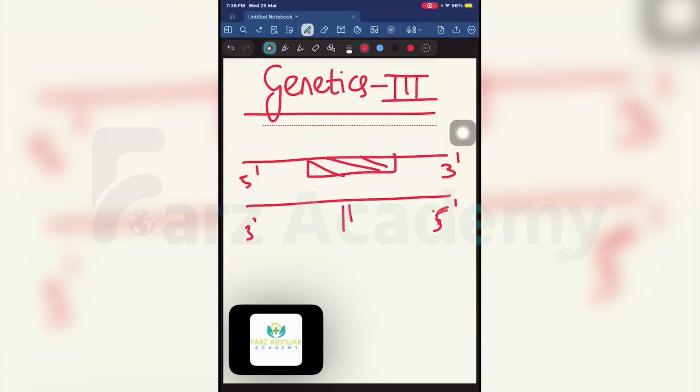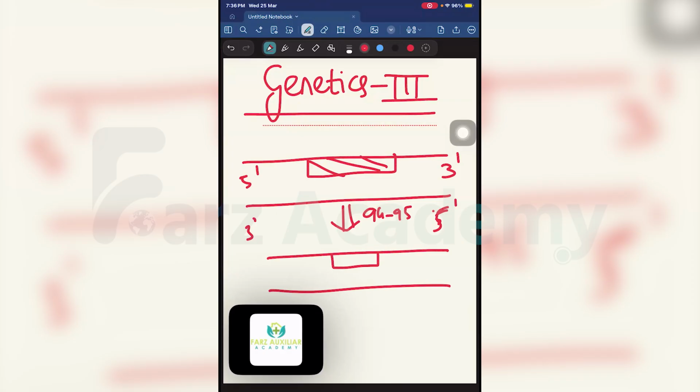What will I do is I'll first expose this strand to heat. Heat is going to cause denaturation of this strand, and this heat is usually at a temperature of 94 to 95. In the next part, in this strand, I will attach one RNA primer, a complementary RNA primer to the other strand.